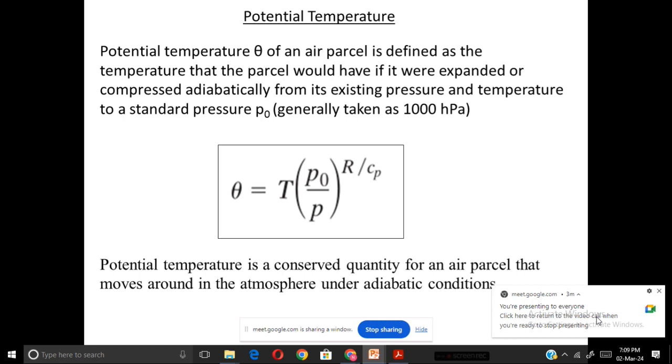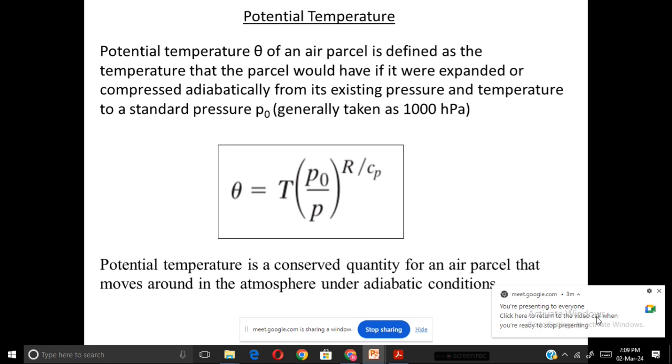So we bring the air parcel down by adiabatically compressing or expanding it from the existing pressure. As the air parcel is brought down along the atmosphere, it will undergo compression, because as we go up in the atmosphere the pressure is decreasing, so the air parcel expands when going up.